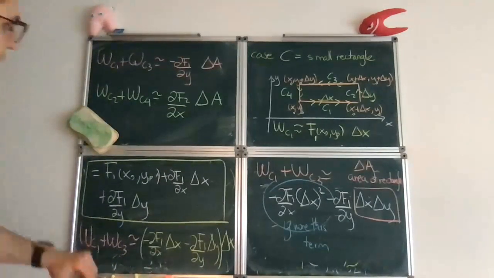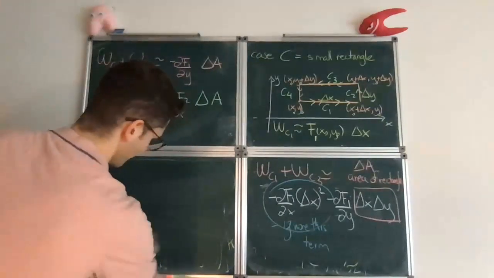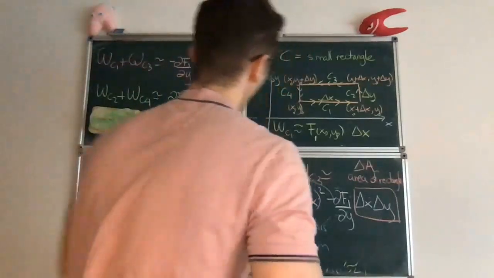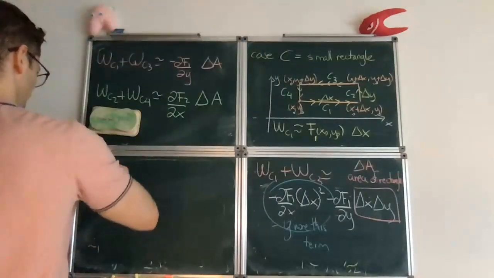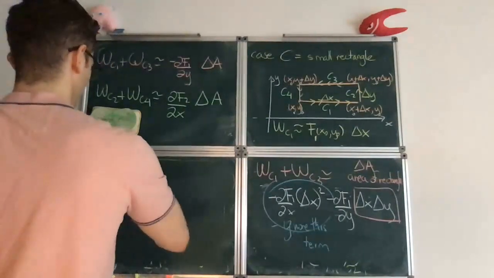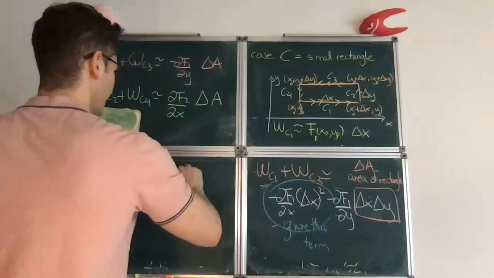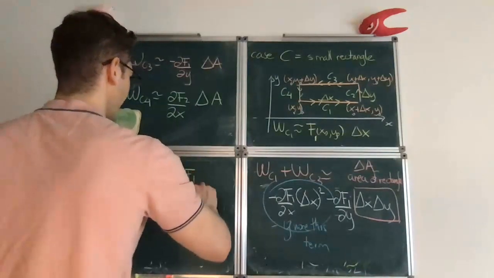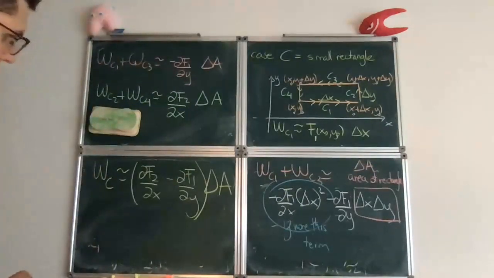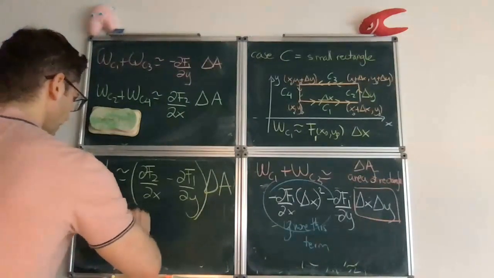So since delta A is the same thing in both cases, what this is saying is that the total work along the rectangle can be approximated by the partial of f2 with respect to x minus the partial of f1 with respect to y times delta A. Okay? And again, remember that f is f1, f2.